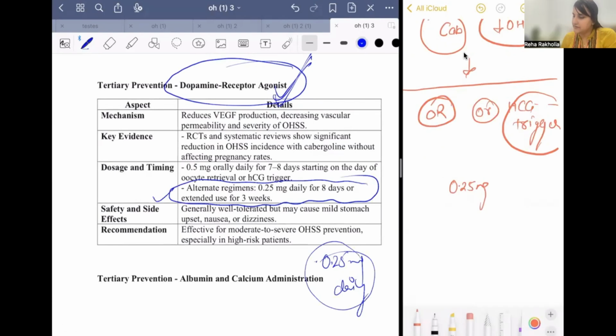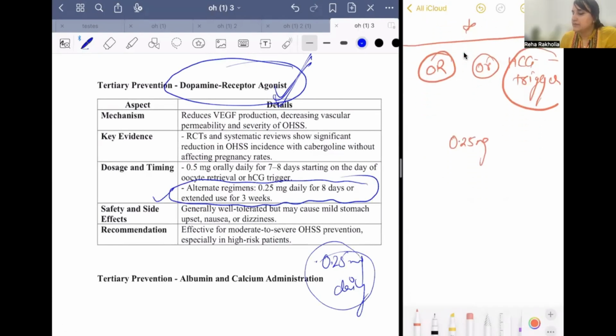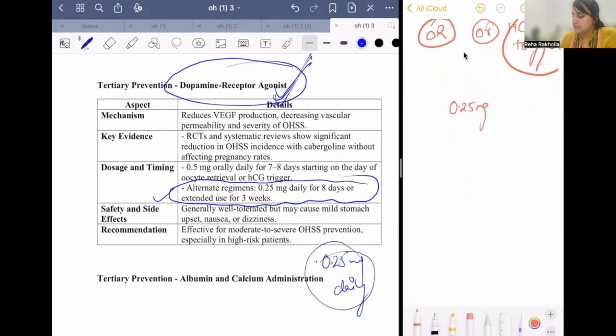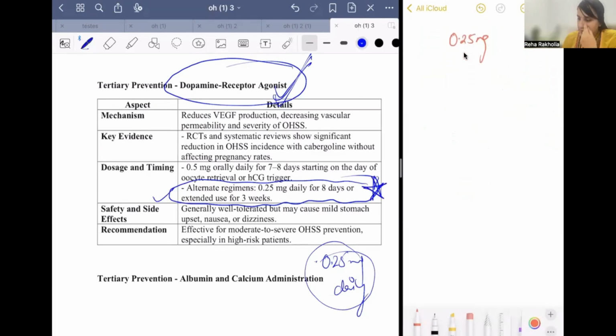This is an alternative regimen when there is a severe case, then we can extend for 3 weeks. In most cases, cabergoline is well tolerated with only mild side effects like nausea, dizziness, and stomach discomfort. Hence, it is strongly recommended for moderate to severe OHSS prevention in high risk cases.